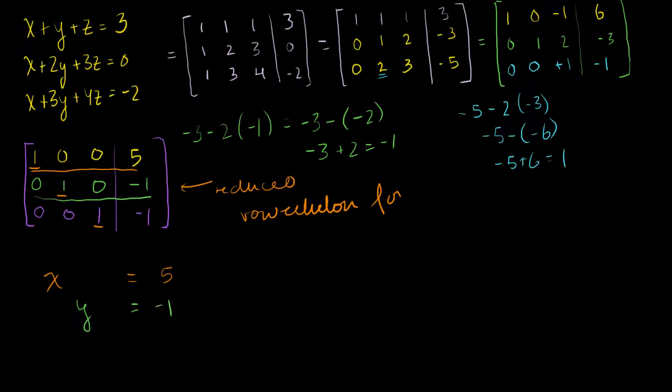And then finally, we have 0x plus 0y plus 1z is equal to minus 1. That's that row right there. And just like that, we've actually solved our system of 3 equations with 3 unknowns. That's the solution right there. I just wrote it in this way so you see it corresponding, but obviously I could have written them closer to their equal sign. So hopefully you found that vaguely useful.